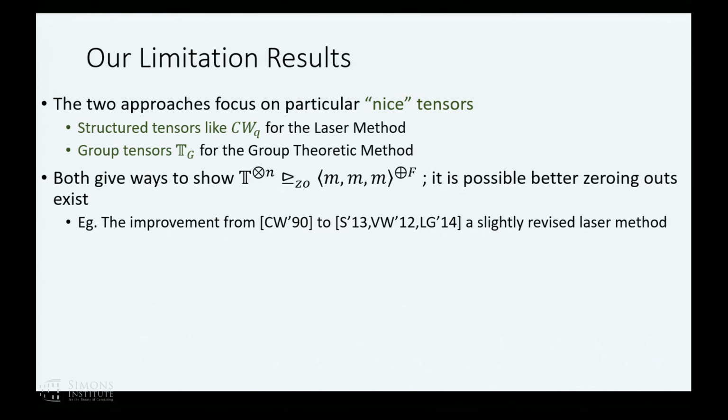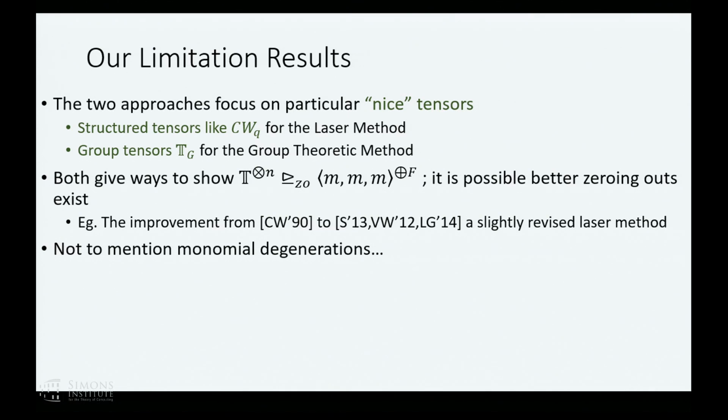Like the improvements from Coppersmith Winograd's paper to the more recent results can be viewed as slightly improving the laser method to find slightly bigger matrix mult tensors. And then, not to mention, if you move, say, to monomial degenerations, maybe you can find even bigger matrix multiplication tensors.